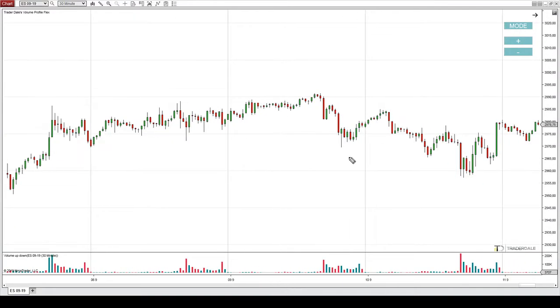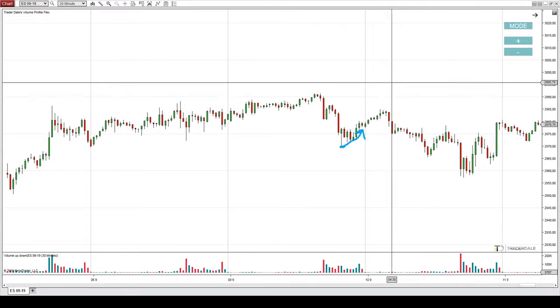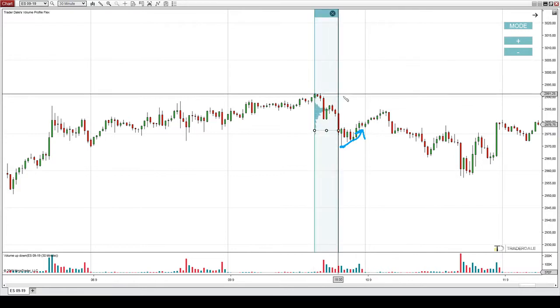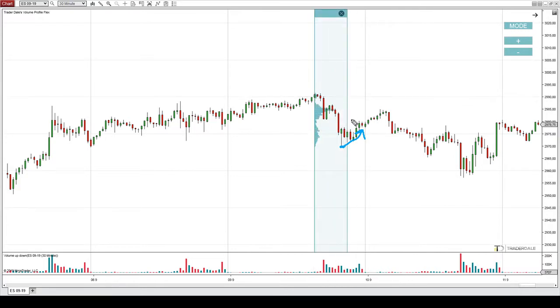Now let's say that, for example, in here you went long and you are searching for a place to take your profit. So you use the volume profile like this for this pullback area, and the heavy volume cluster in here is this one, very nicely visible.